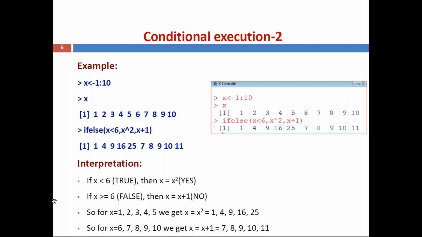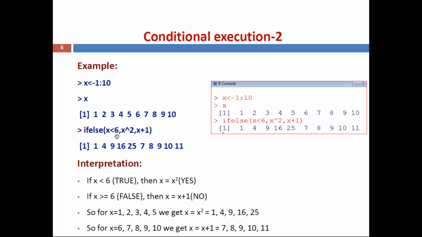Using this interpretation, now you can see for which values true will be executed. 1 less than 6 satisfies, so it prints 1 power 2. 2 less than 6 satisfies, so 2 power 2 is printed. 3 less than 6 satisfies, then 3 power 2 is printed. Then 4 less than 6, 4 power 2 is printed, then 5 less than 6, 5 power 2 is printed.